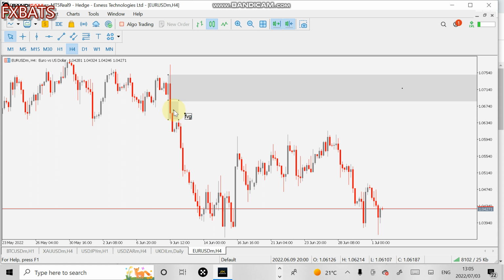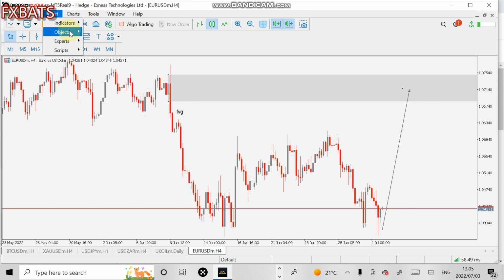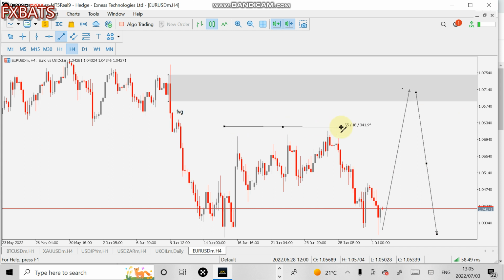I'll simply wait for price to tap this order block, to tap into this premium price before continuing to drop, since we're still on a bearish trend. The reason is because we have a lot of liquidity built here.